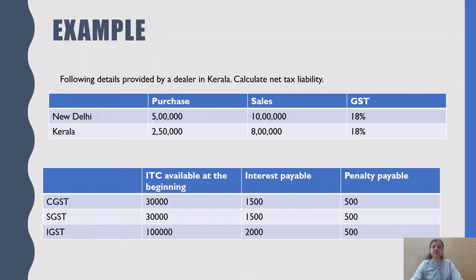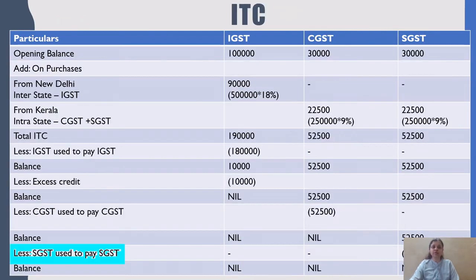That is, under CGST, 9% will be the tax and under SGST, 9% will be the tax which we must have paid. So on that 2,50,000, the inward supply value, 9% CGST and 9% SGST will be calculated. That is 22,500 and 22,500.